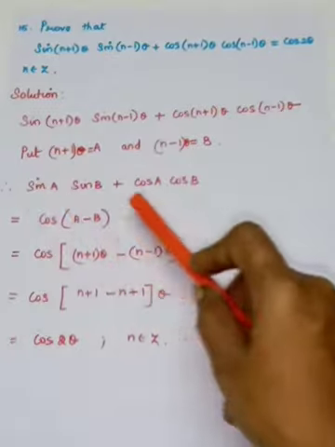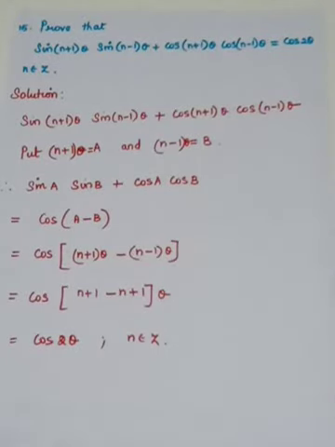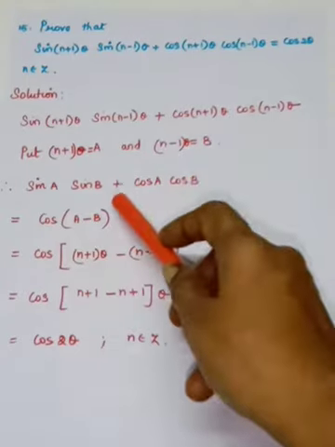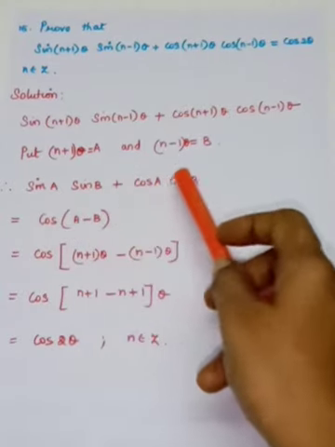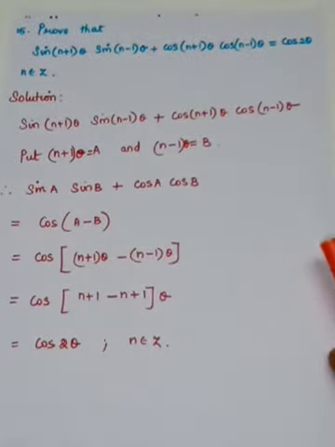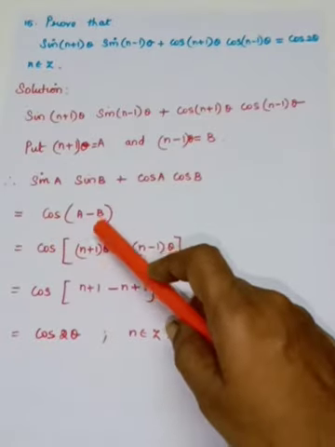So what is this? It's a trigonometric identity of cos(A−B). So cos(A−B), if you expand, your answer will become cos A cos B plus sin A sin B. So it's a trigonometric identity of cos(A−B).